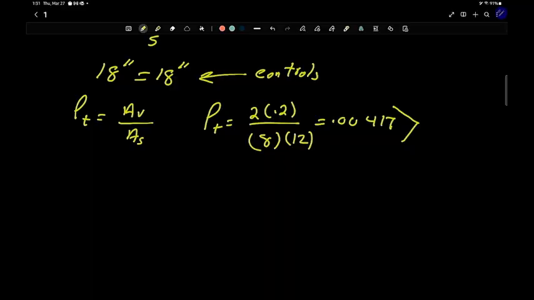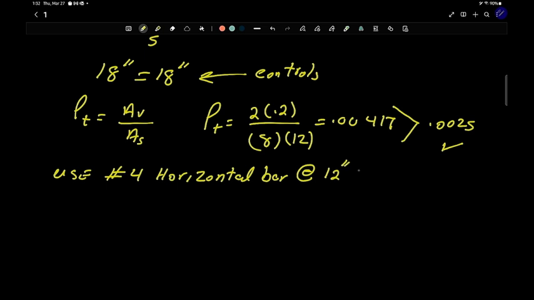So it's bigger than 0.0025. Then we're going to say, okay, use number 4 at 12-inch vertical spacing.